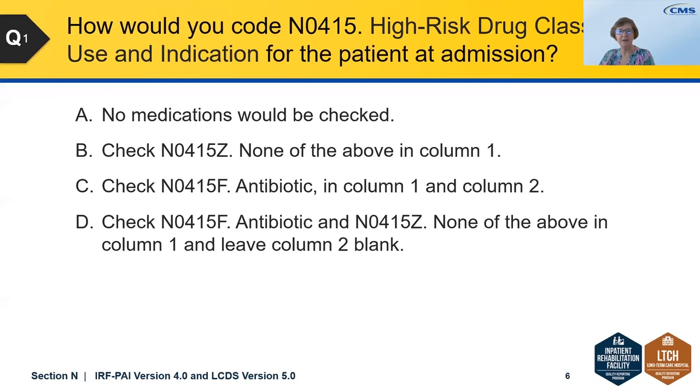So we have A, no medications, B, check N0415Z, none of the above, C, check N0415F, antibiotic in column 1 and 2, and D, check N0415F, antibiotic, and N0415Z, none of the above in column 1, and leave column 2 blank.